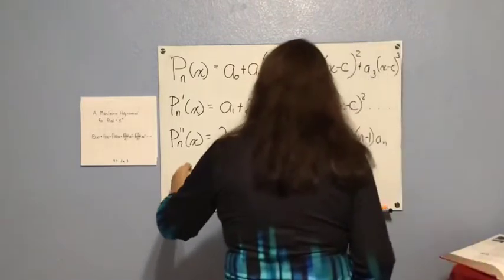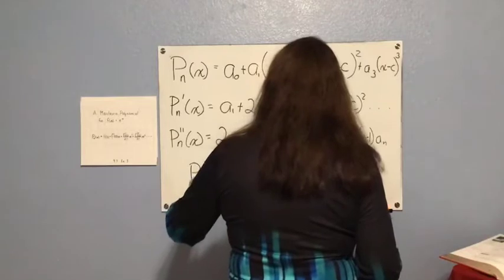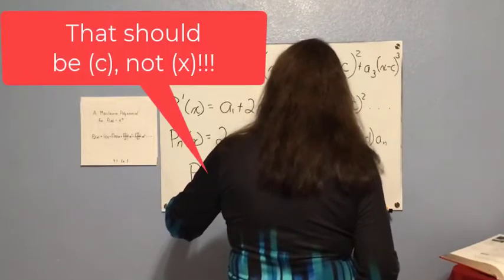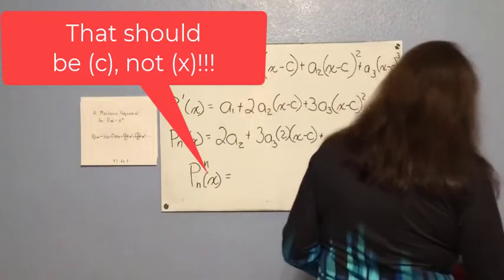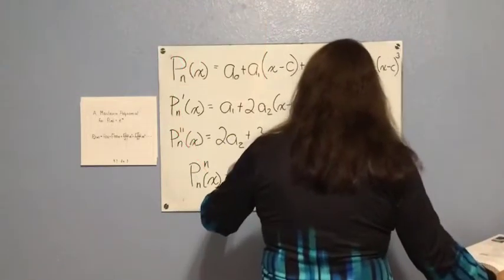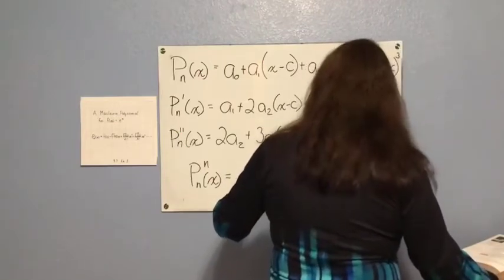In my general form, the nth derivative of p sub n of x would be equal to n factorial times a sub n.